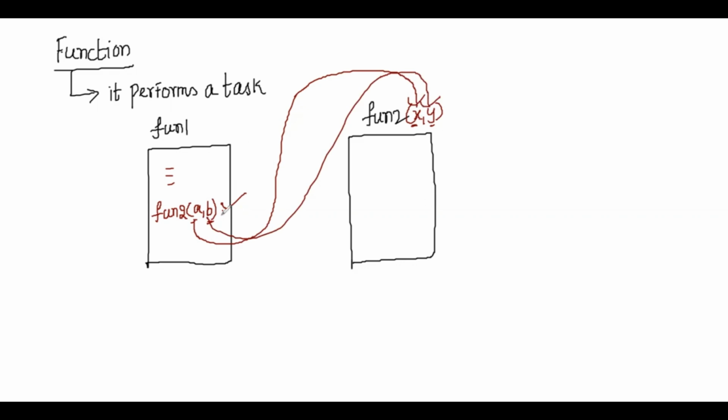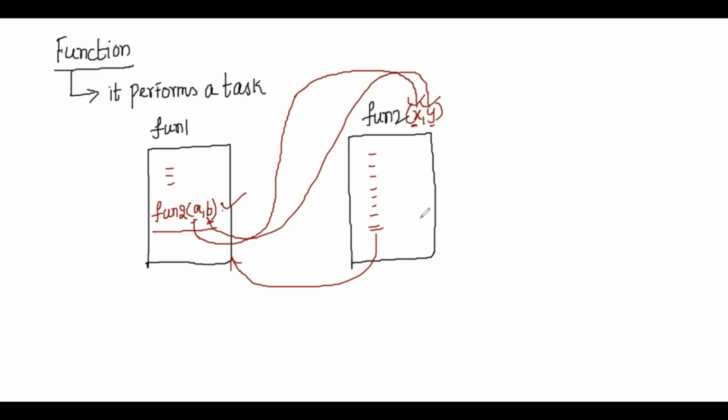So the moment function 2 is called, its corresponding parameters are copied into the formal parameters mentioned in function 2. This is how we can carry the data from one function to another function. After execution of this function, you can either return a value back to the calling function, or you can directly display the data in function 2 itself.